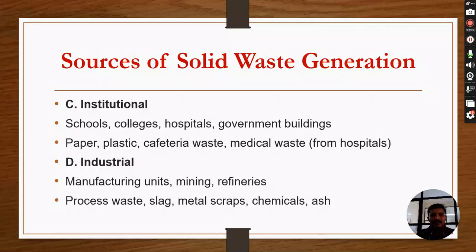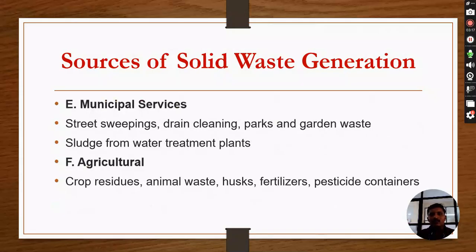And industrial areas like manufacturing units, mining and refineries mainly produce process waste, slag, metal scraps, chemical ash, etc. And municipal services like street sweepings, drain cleanings, and parks and garden waste mainly produce sludge from water treatment plants.